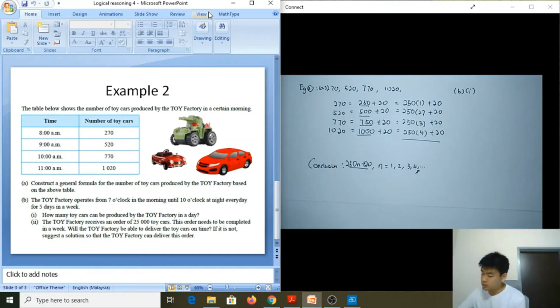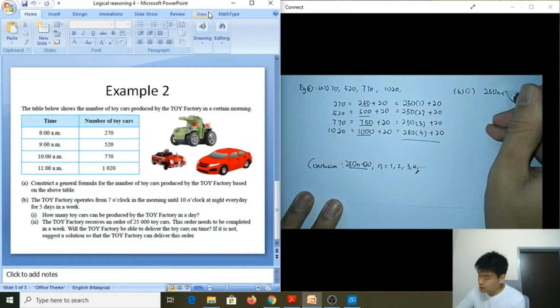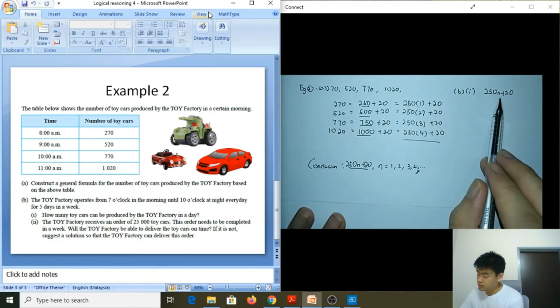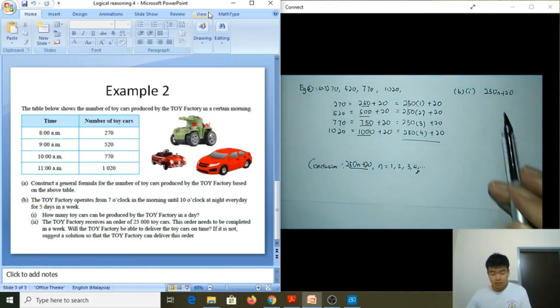So this formula, 250n plus 20, can help you to find out the number of toy cars.